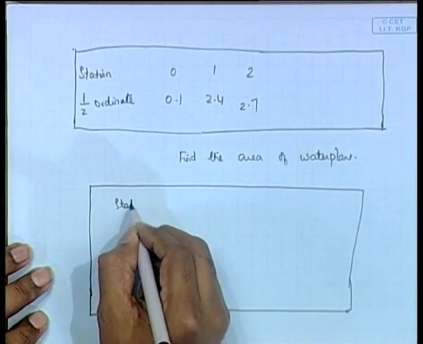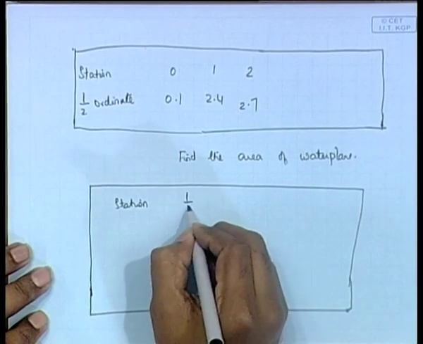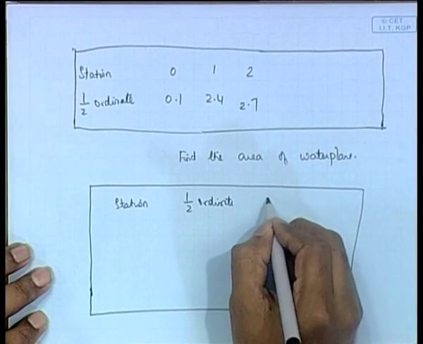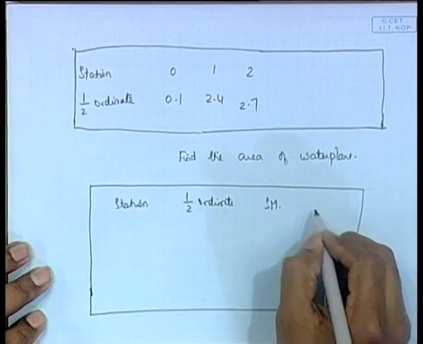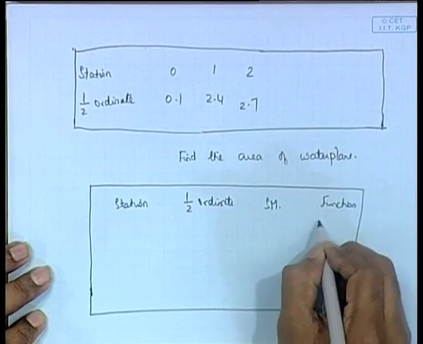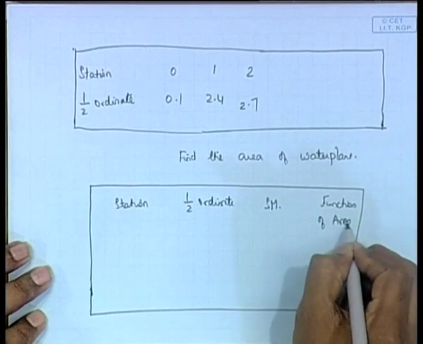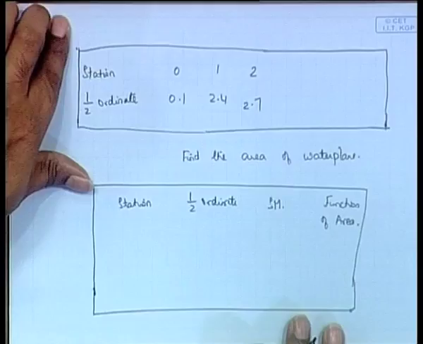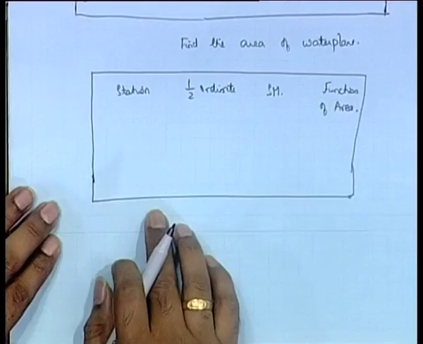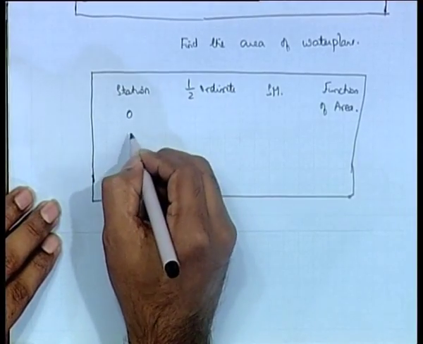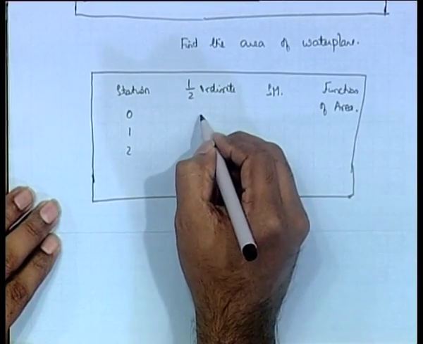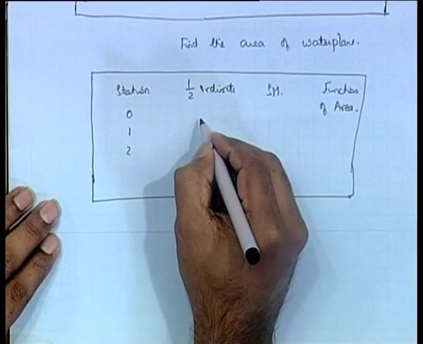Station, half ordinate, I will write Sm for Simpson's multiplier, and this is the function of area. So, this is the way in which you make the table, with stations, and the half ordinates given here.